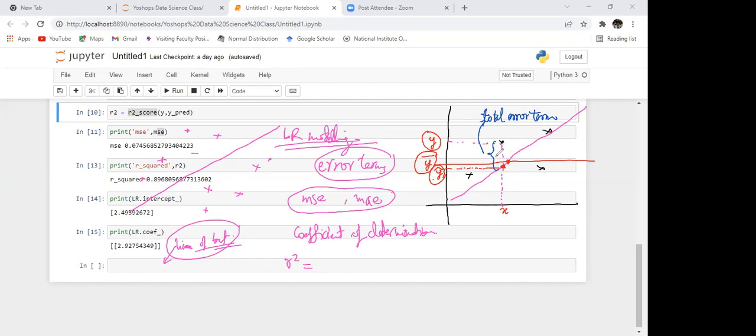Okay, total variance observed. Next, from here to here is the error that could not be explained. These are also called variance, okay? Remember this term. Why variance?